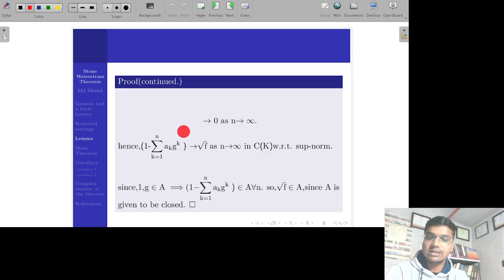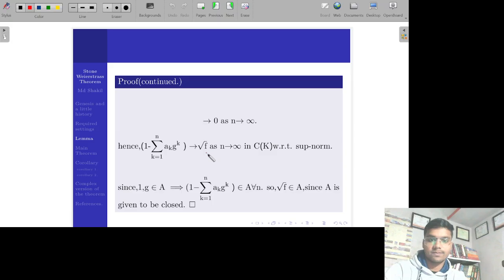It means this quantity, 1 minus the summation of a k g to the power k, k equal to 1 to n, tends to the square root of f as n tends to infinity in C(K), the space of continuous functions over the compact interval K, with respect to the sup norm. This norm is the sup norm.